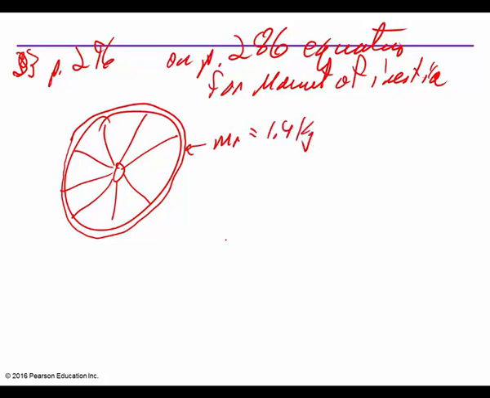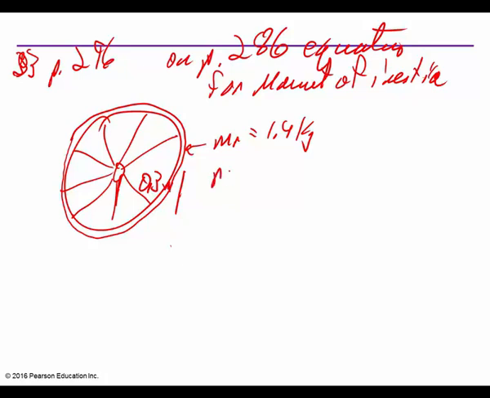And the diameter of this thing, let's see now, let's read this right. The spokes lie along a diameter and are 0.3 meters long. So from here to here is 0.3 meters.